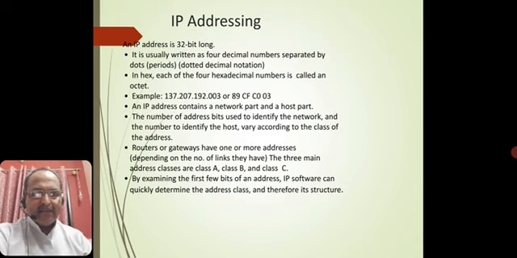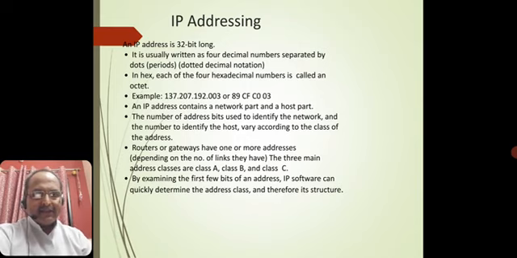There are three main address classes: class A, class B, and class C. Please make a note that these classes are very essential and important in addressing techniques. There is a common question, especially for those appearing for university examinations: what do you mean by IP addressing, and what are the different classes in IP addressing?